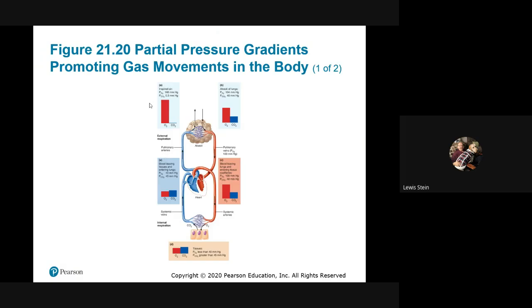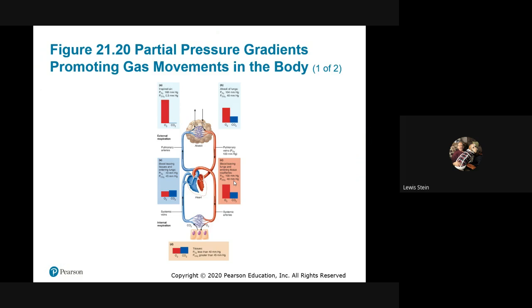I can't do it here. I apologize. Here, your alveolar PO2 is about 100, so you're looking at 40 versus 100. That's the concentration gradient. For CO2, 45 versus 40. That's the concentration gradient, but obviously the oxygen side has a 60 millimeters of mercury difference.